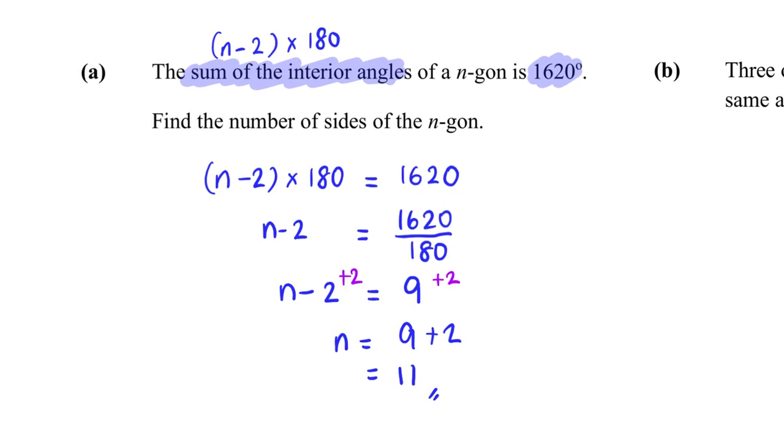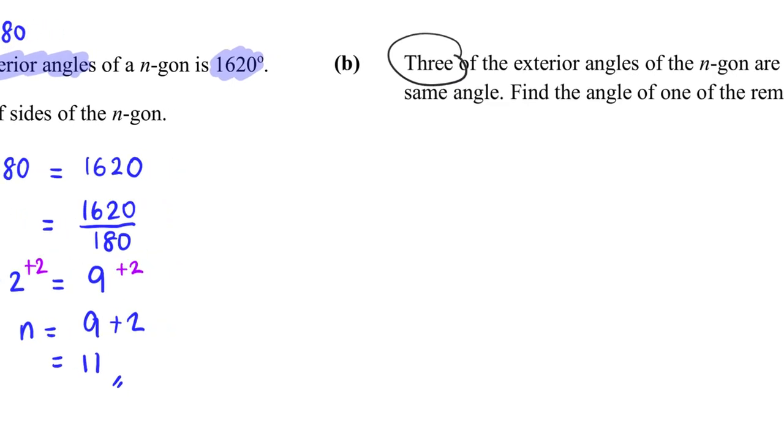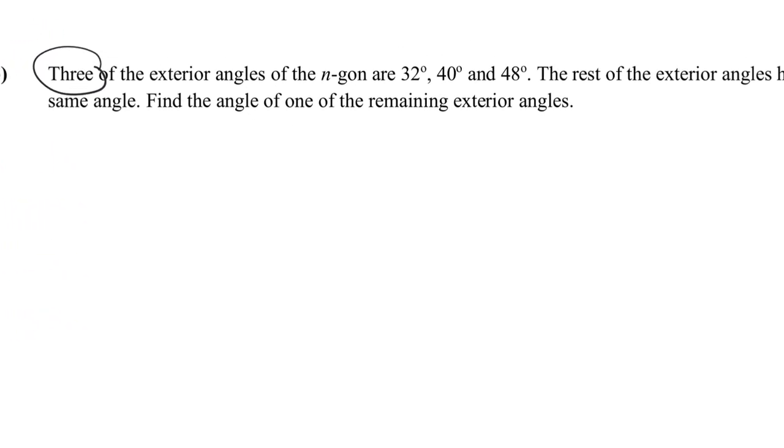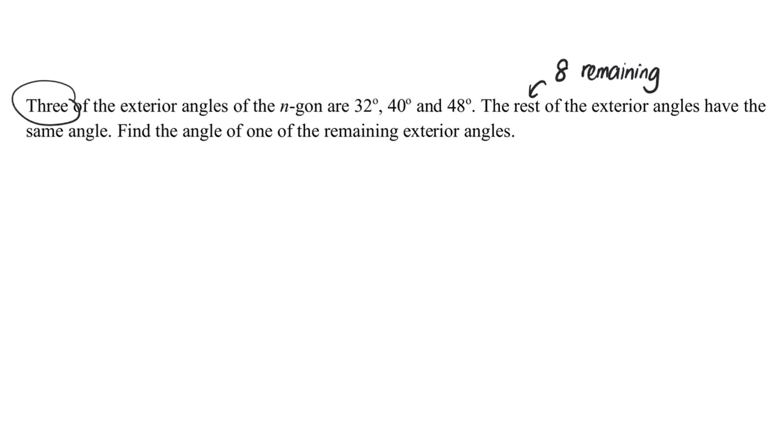Once I know n is 11, going back to this question, 3 of the exterior angles are given. Left how many? Yes, the rest here will be the 8 remaining exterior angles, because there is a total of 11 exterior angles. 11 sides, 11 interior angles, 11 exterior angles.